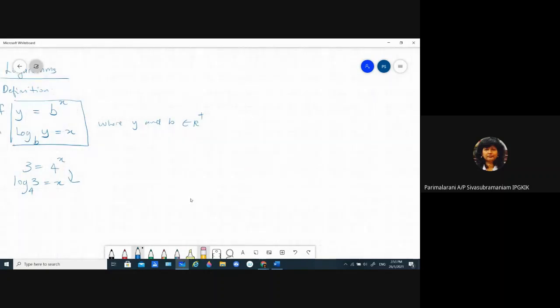So now we're going to look at all the other laws of logarithm. First law: log xy base a is equal to log x base a plus log y base a.